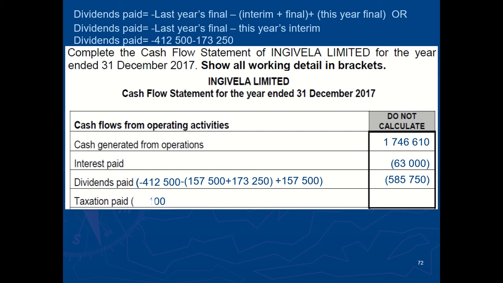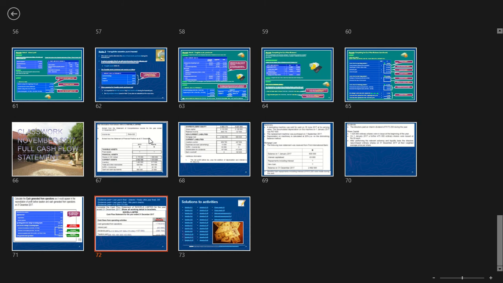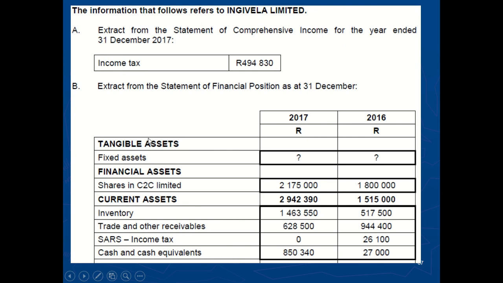Okay, for taxation paid, guys, you need to check. We did this, so I won't go back and explain it again. For taxation paid, you go check your trade and other receivables. In this case, we were not given trade and other receivables, so you go straight to the face of your balance sheet. There it is. For last year, sales income tax was 26,100, and it was in trade and other receivables, basically under current assets.